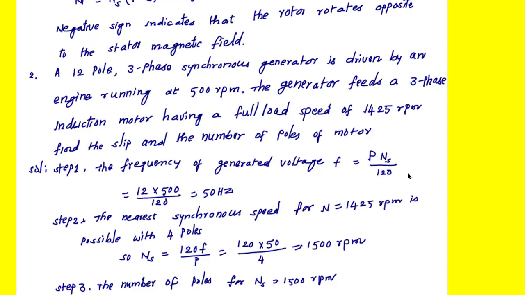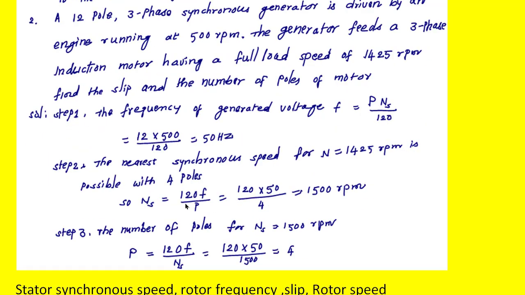So for that, let us assume that the number of poles on the stator of the three-phase induction motor is 4 poles. Then we know the synchronous speed formula, that is 120 F by P. 120 into the supply frequency, 50 Hz, which was calculated just now, divided by the number of poles we are assuming for the stator. If we simplify it, we get 1500 rpm.